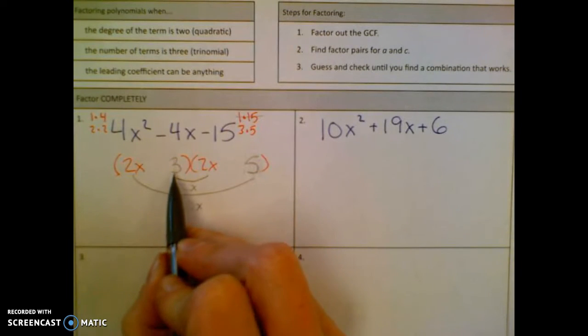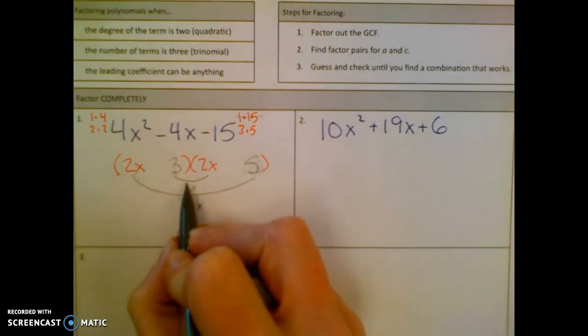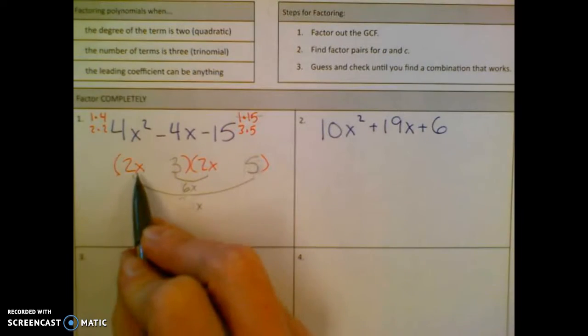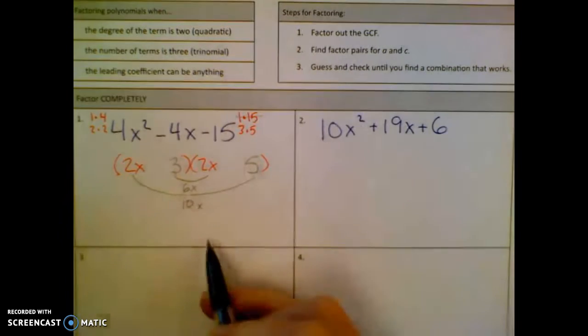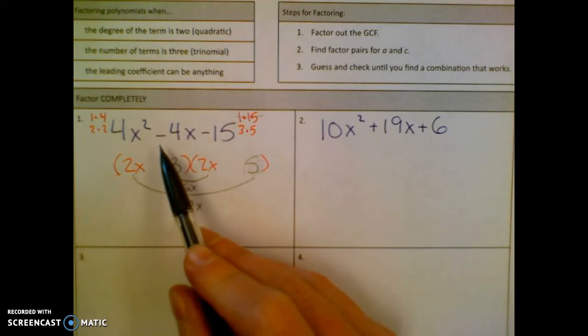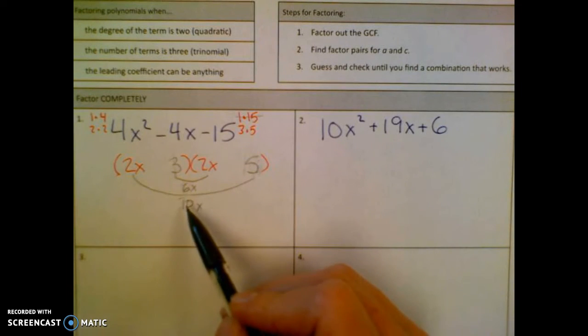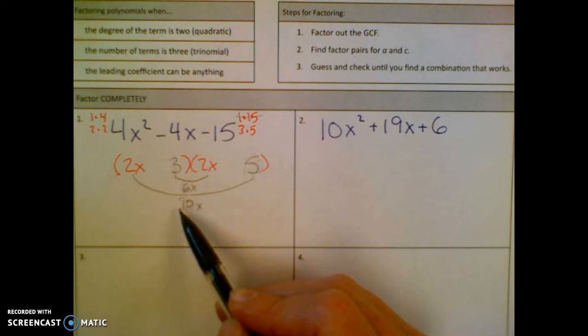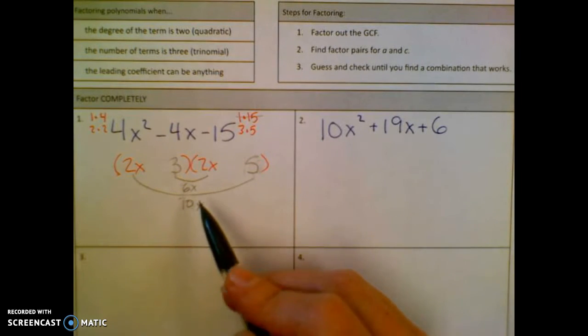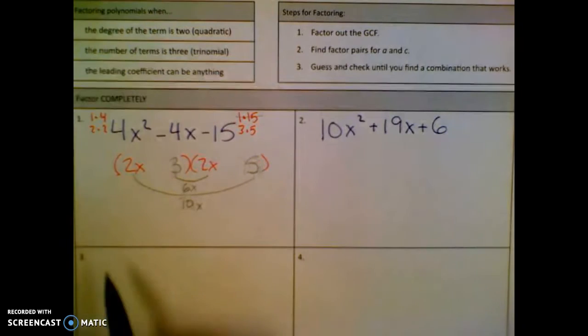All right, inner product. 3 times 2x is 6x, and 2x times 5 is 10x. Well, can 6x and 10x give me a negative 4x? Well, 6 and 10 added give me 16, but 6 and 10 subtracted give me a 4. Then you just got to figure out your signs. Well, I want a negative 4x.